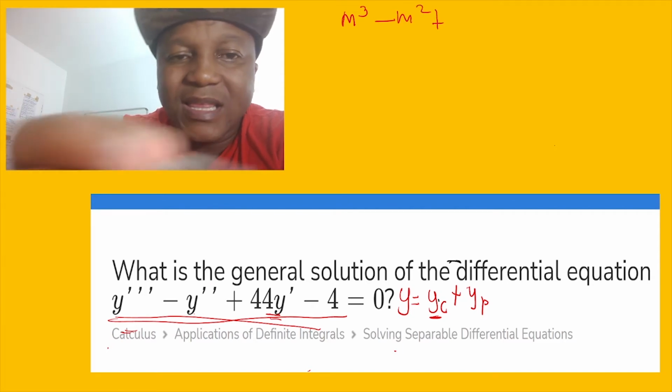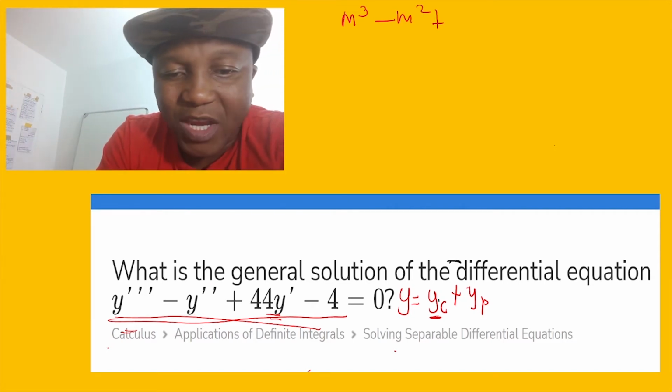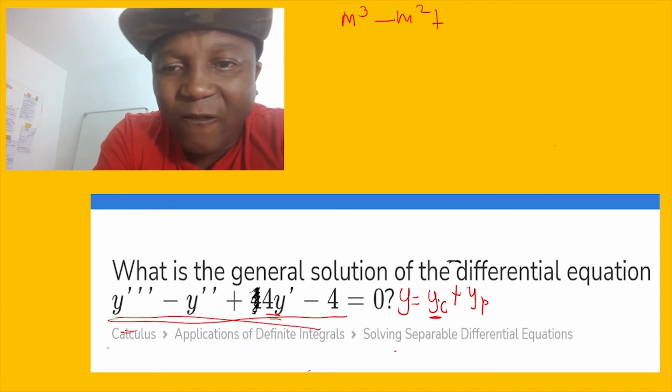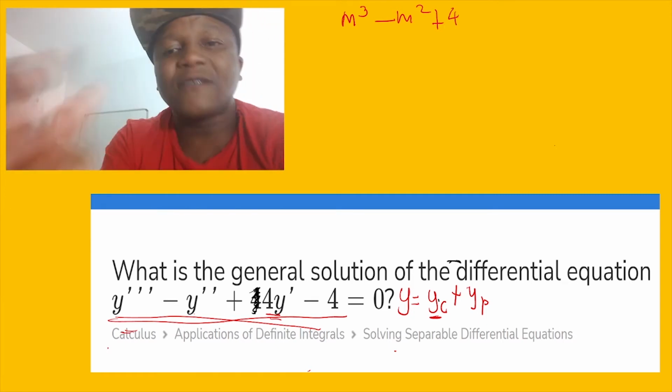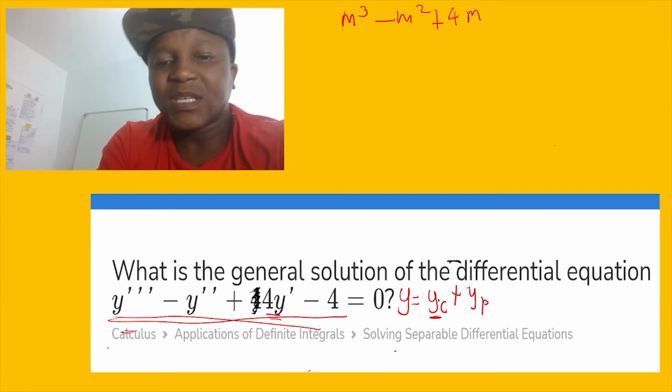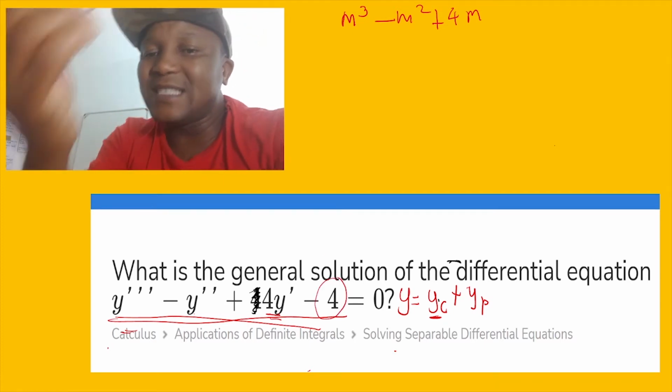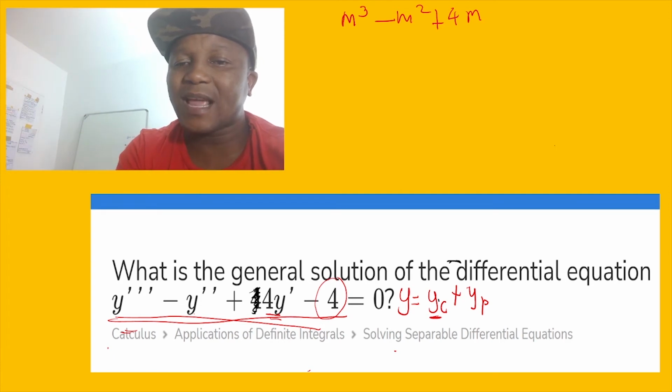And the plus, there's a little correction here I forgot to mention when I started the question. I'm sorry about that. So this is going to be 4, and then this is the first derivative, so this is going to be M. Here there's no derivative, no letter, so it's going to become 0.